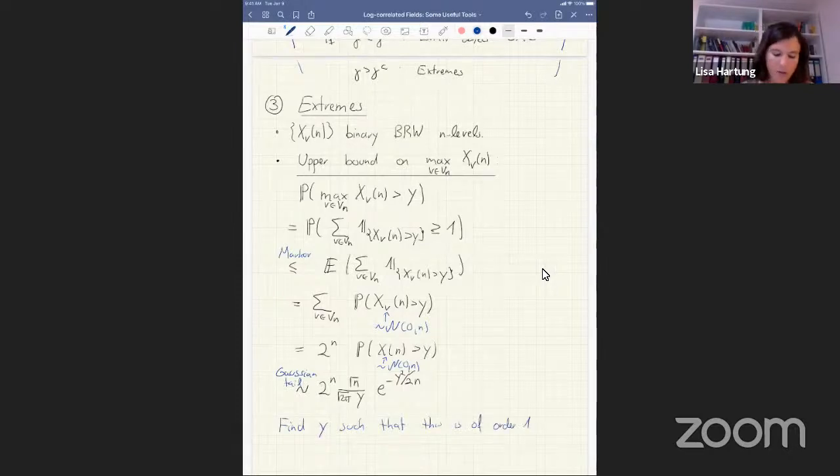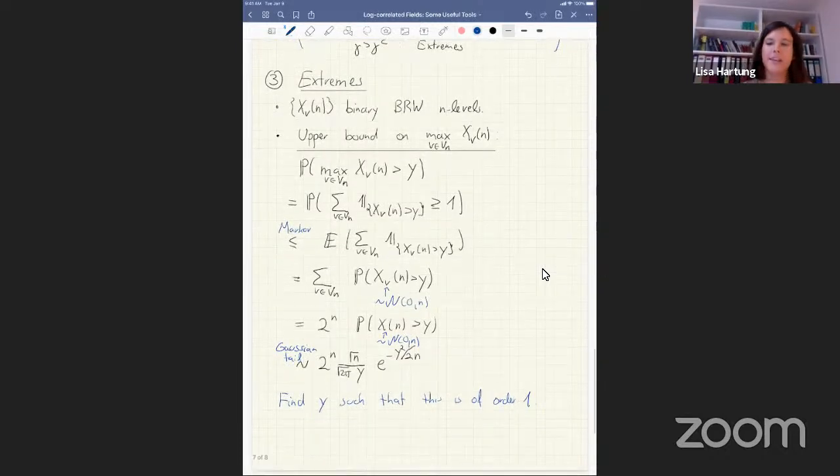We are bounding a probability, so whenever this thing grows to something which is not of order 1, we just have a really bad bound. So let us try to find y such that this is of order 1.